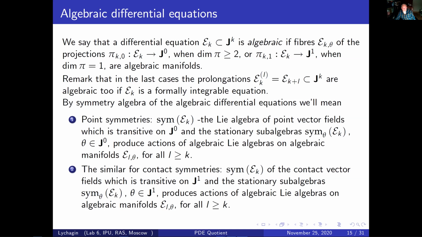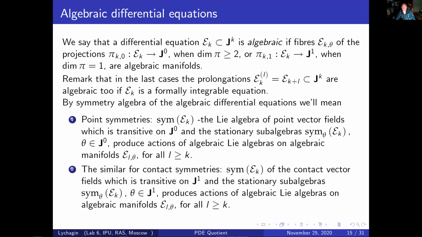Now about symmetries. For systems, symmetries for us will practically every time be point vector fields. If we take symmetry as a group, then it will be a subgroup of point transformations that preserve our equation.